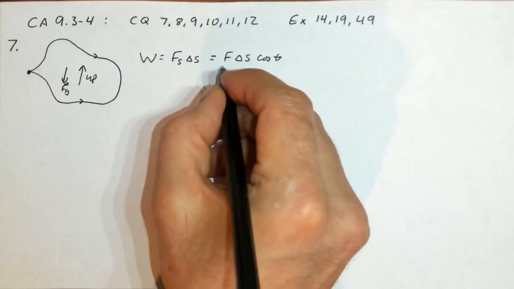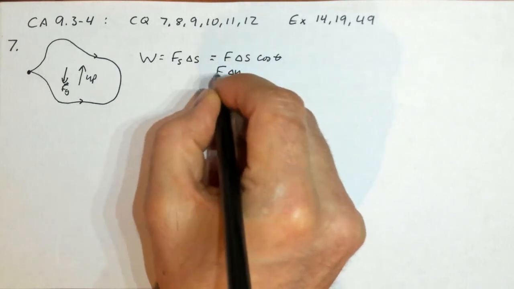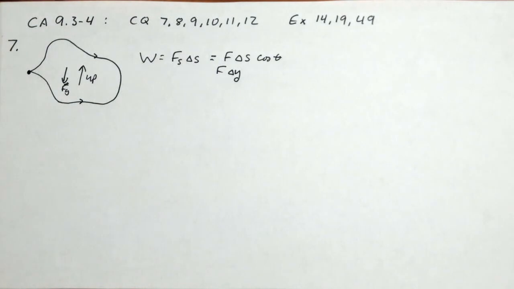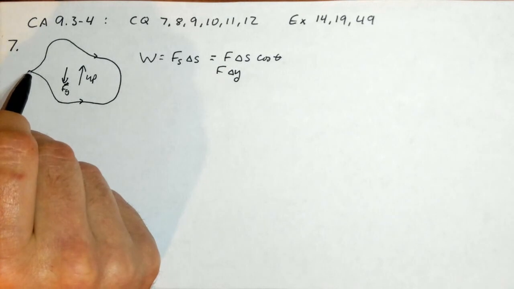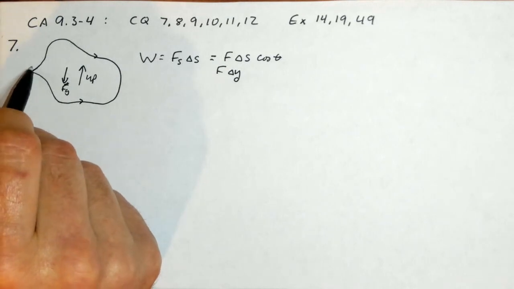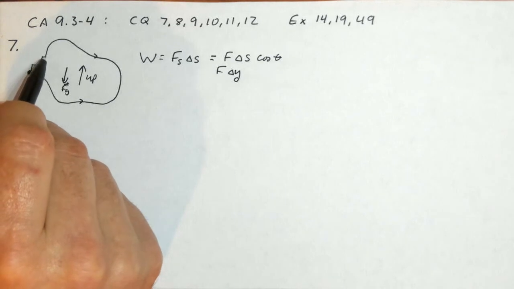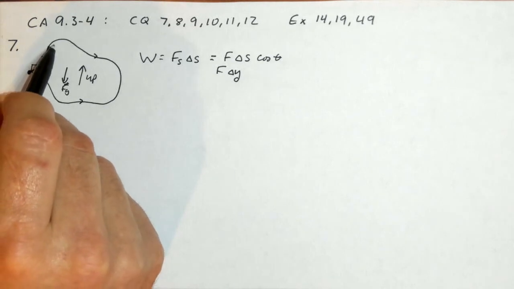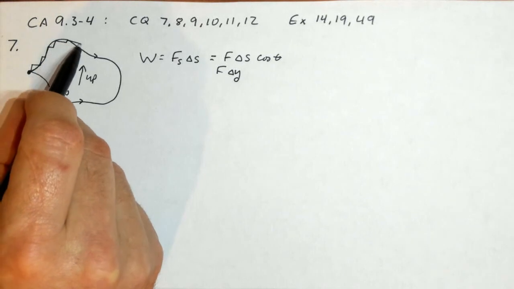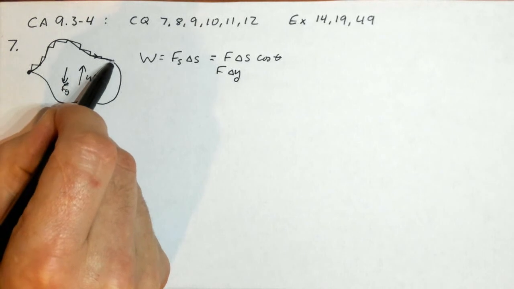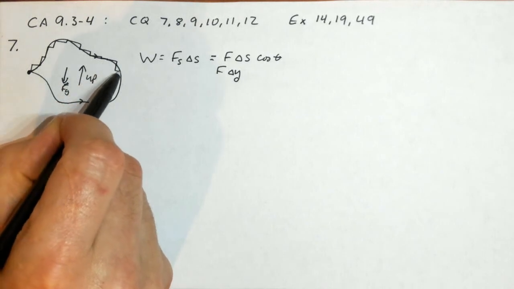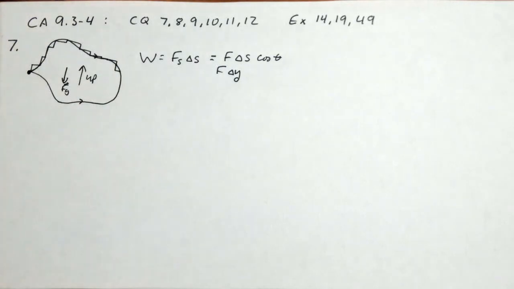And so what I really want is F delta Y, because F is in the direction of negative Y. As I go around, I can model this piece as going up and then over, up and then over, and then over and down, over and down, and continue to do that all the way around this loop.